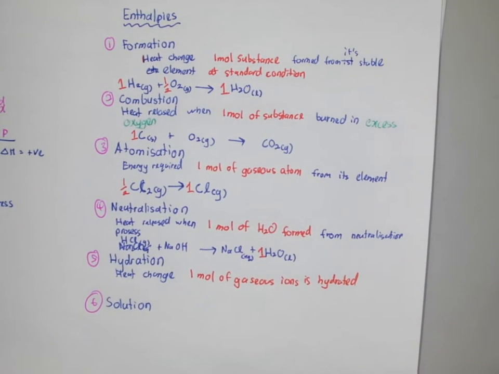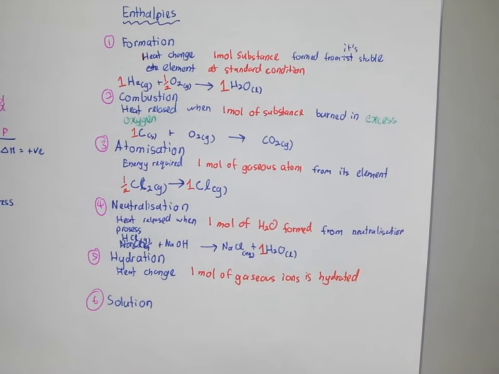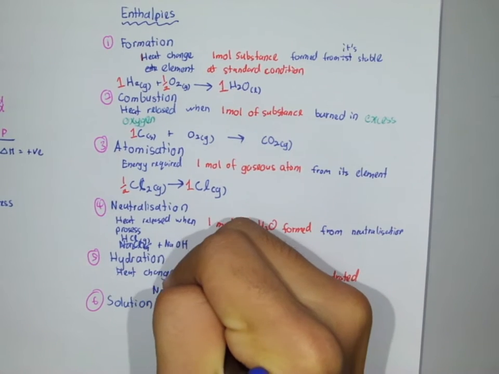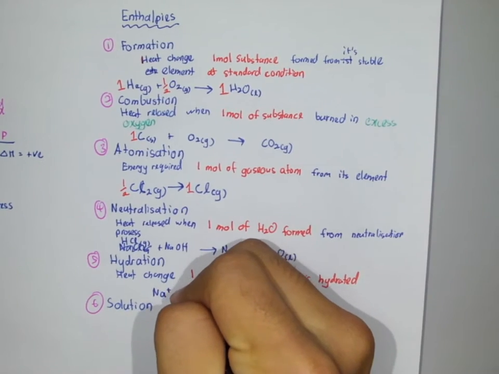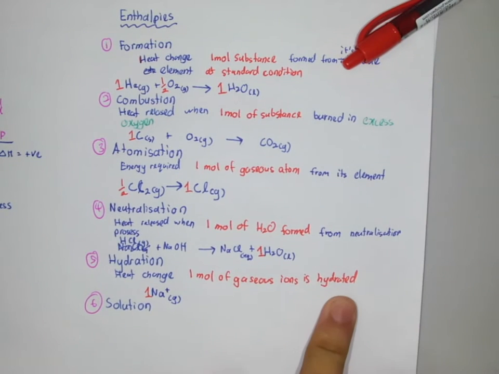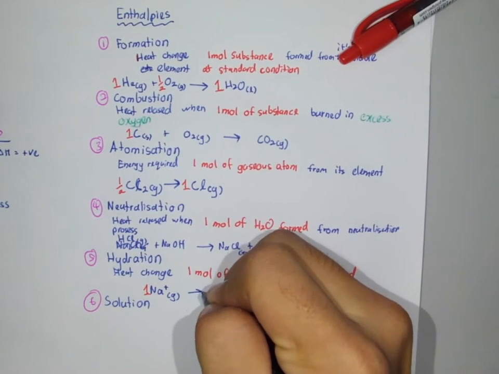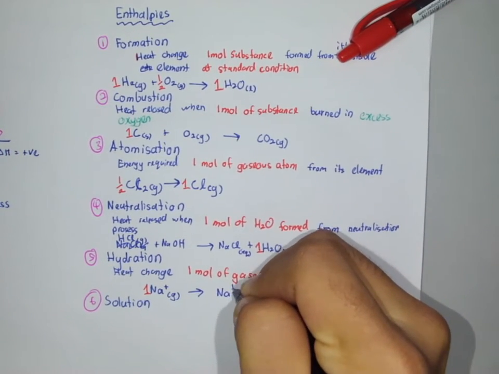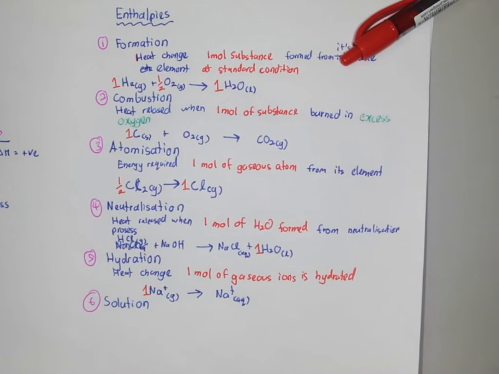For an example, remember it said ions, so it must come from ions. So for example, Na plus, sodium plus, it comes from gaseous ions, and it has to be 1 mole. What it means by hydrated is that it just undergoes a phase change. So it changed from gaseous Na plus to Na plus in aqueous form. That's it. That is for hydration.